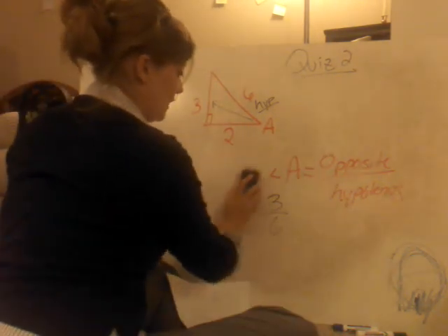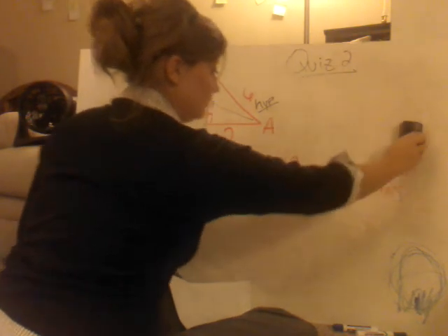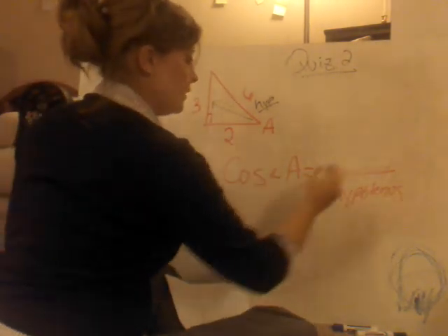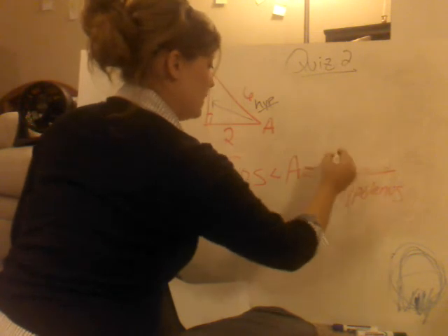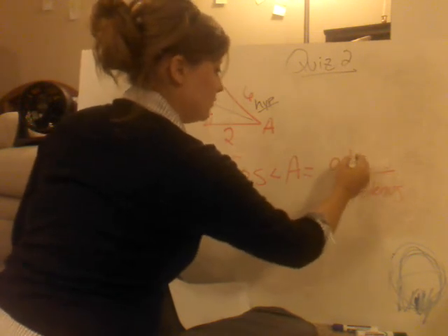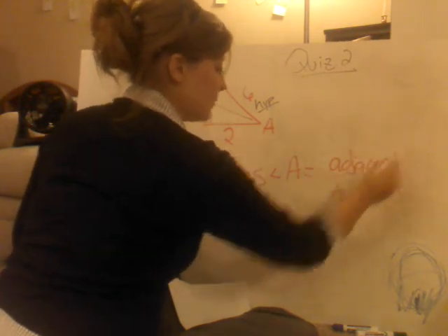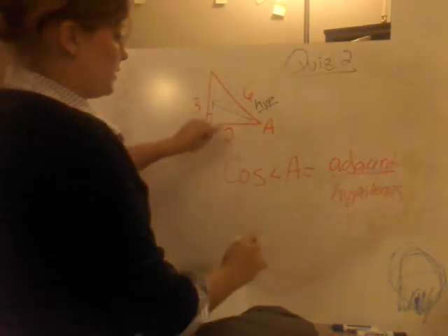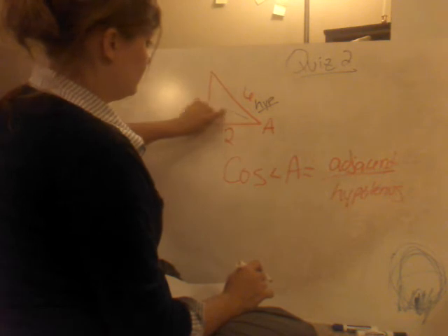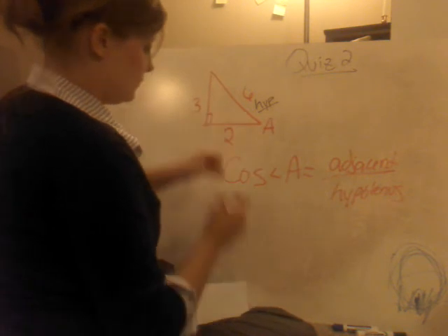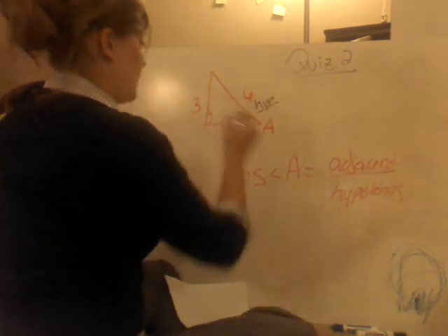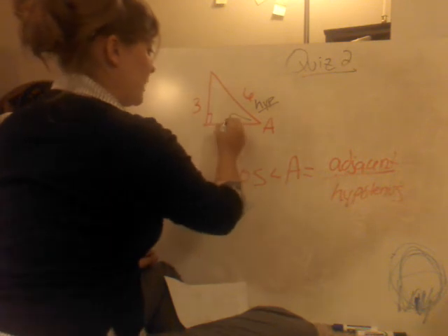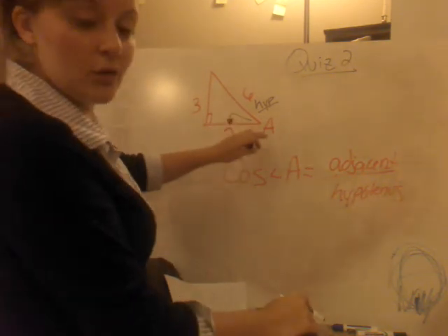Now my cosine of angle A is adjacent over the hypotenuse. So the hypotenuse number stays the same. So my adjacent now is right here, adjacent, not the hypotenuse, because a lot of people say, well, the hypotenuse is adjacent too.